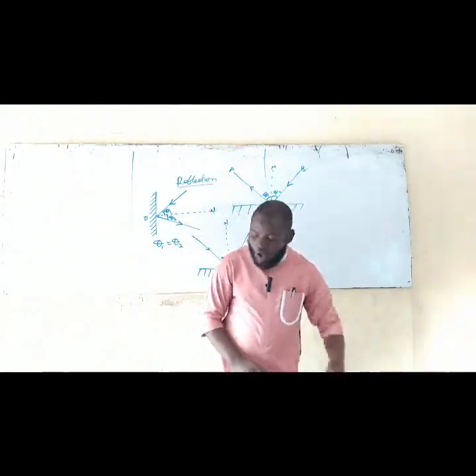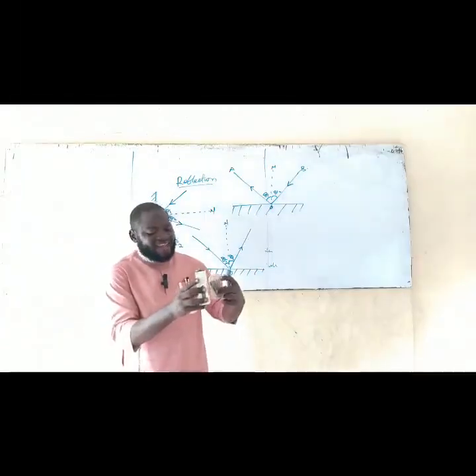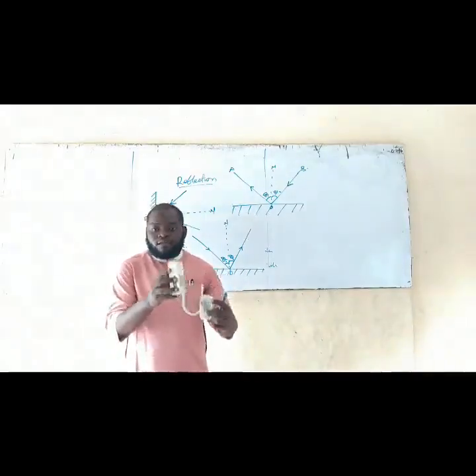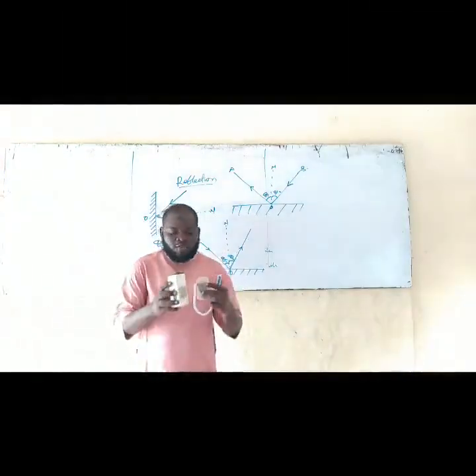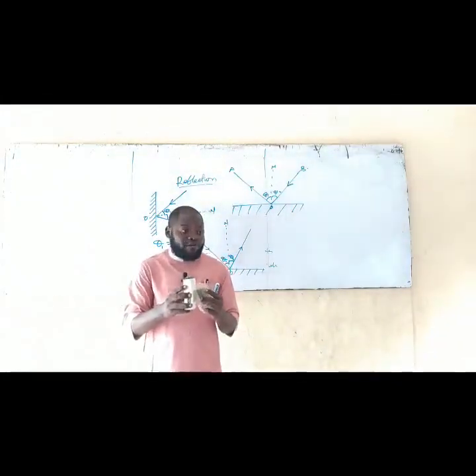A corner reflector is a mirror arrangement inclined at probably 90 degrees. This is a mirror, this is a mirror. If I incline them at 90 degrees, they become a corner reflector.